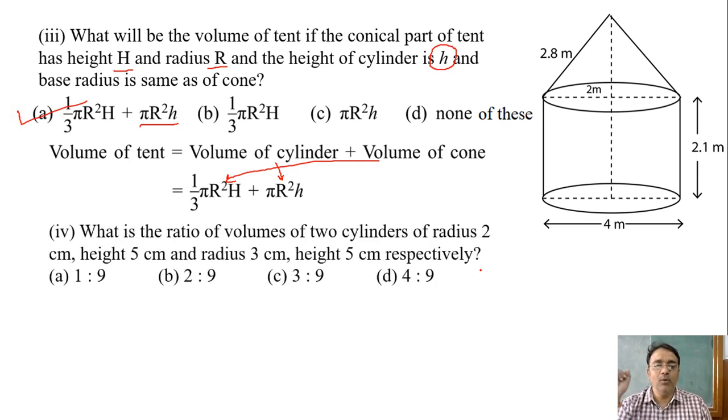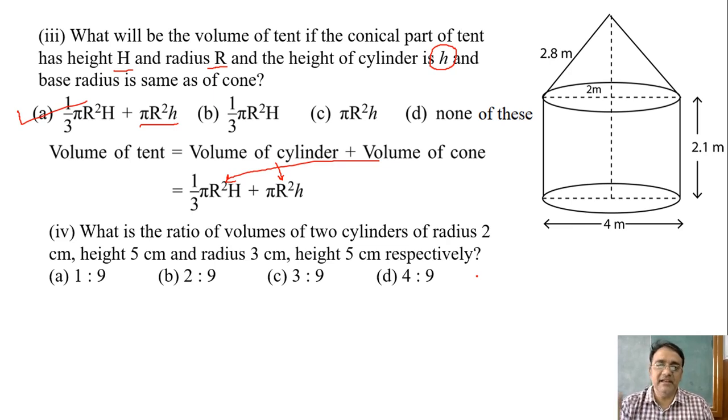Now what is the ratio of volumes of two cylinders of radius 2 centimeter, height 5 centimeter and radius 3 centimeter and height 5 centimeter respectively? So what is the formula of volume of cylinder? Pi r square h. Here radius and height are both given separately.